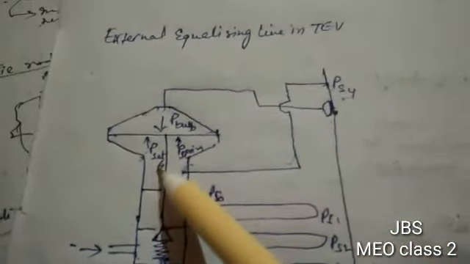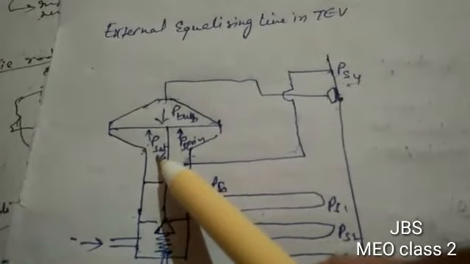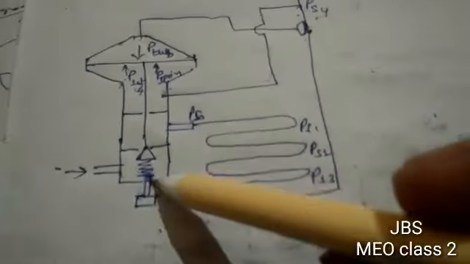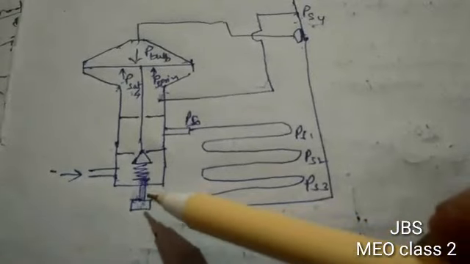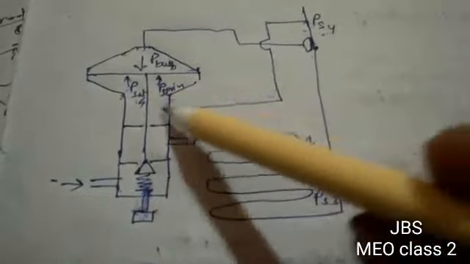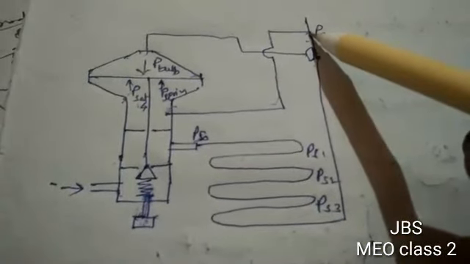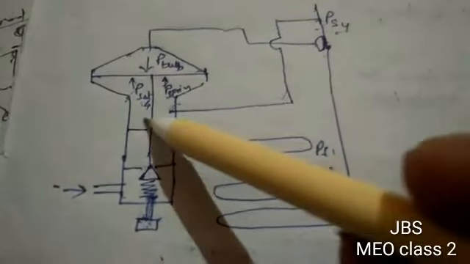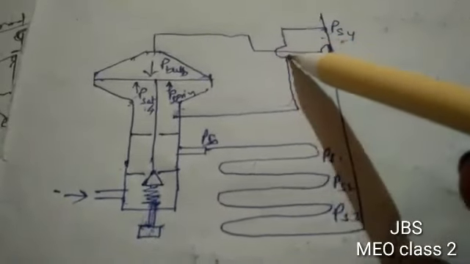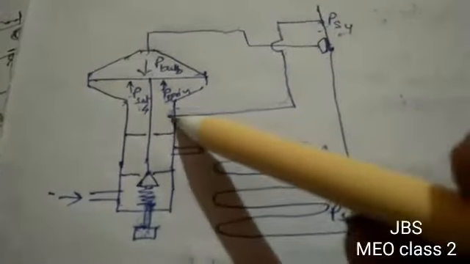Now two forces will be acting: this saturation pressure 4 at the outlet, and the spring pressure, which is for the degree of superheat of 5 degrees C. Now if the degree of superheat is more, it will exert more pressure and try to open the valve, but it will get balanced because of the saturation pressure of the superheated vapor.